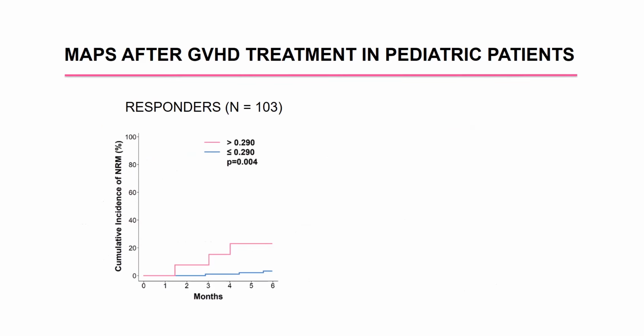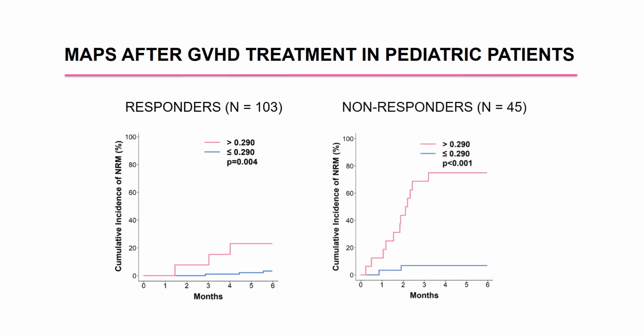And just to show you that this is also true after treatment. So these are responding patients where you can measure the MAPs, and you can still see that there is a much higher risk of mortality if the biomarker levels stay high and the MAP remains above 0.29.